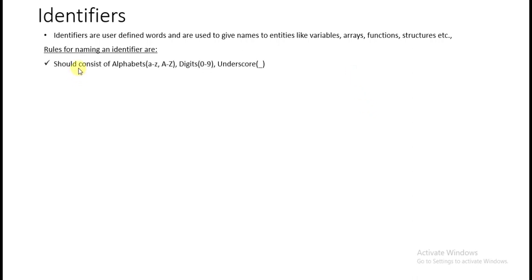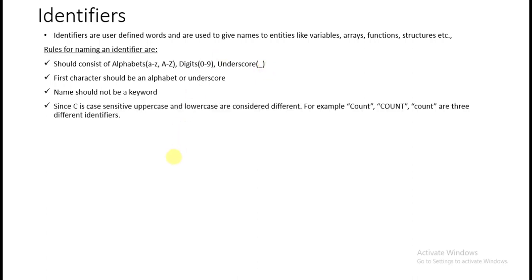First rule is identifier should consist only alphabets in lowercase a to z and uppercase A to Z, digits from 0 to 9 and special character underscore. And first character should always be an alphabet or an underscore. And we should not use keywords as identifiers.